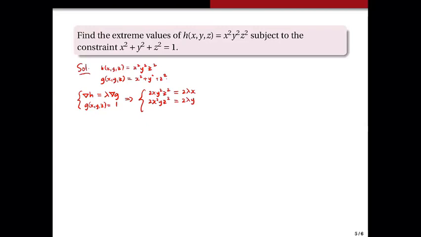For the third equation, we have 2x squared y squared z, and then on this side 2 lambda z. And then the last equation is x squared plus y squared plus z squared equals 1. Okay?